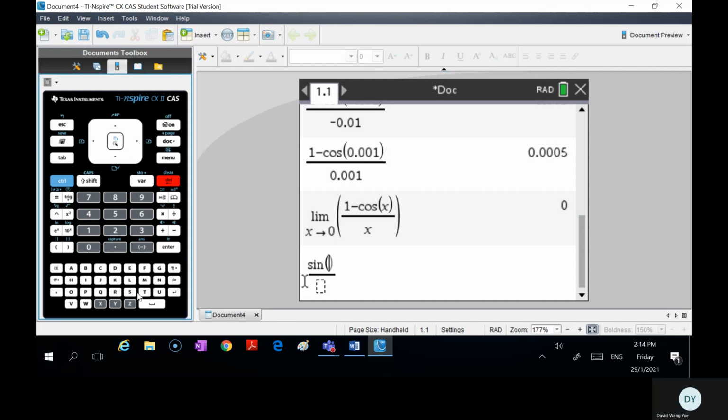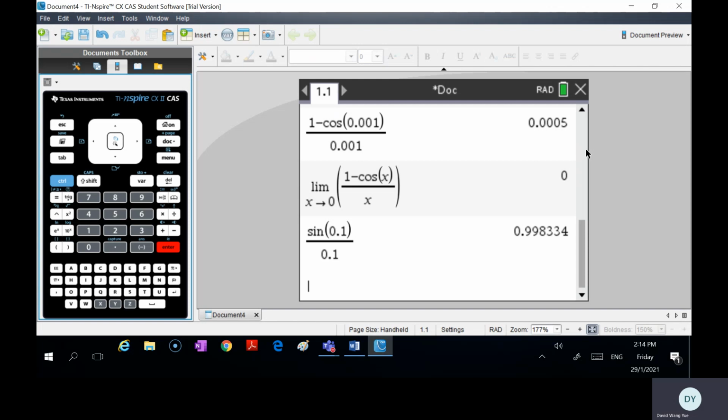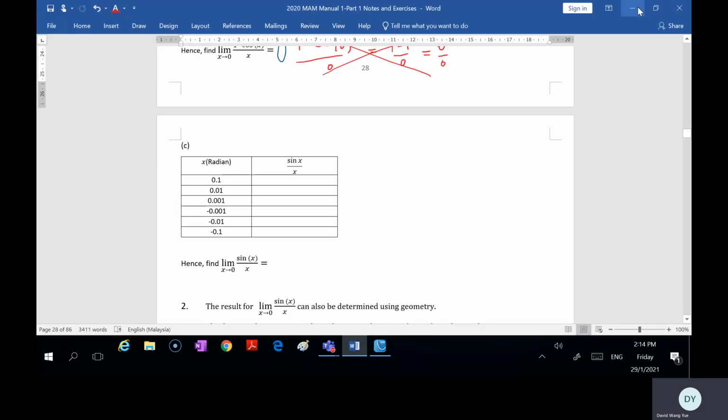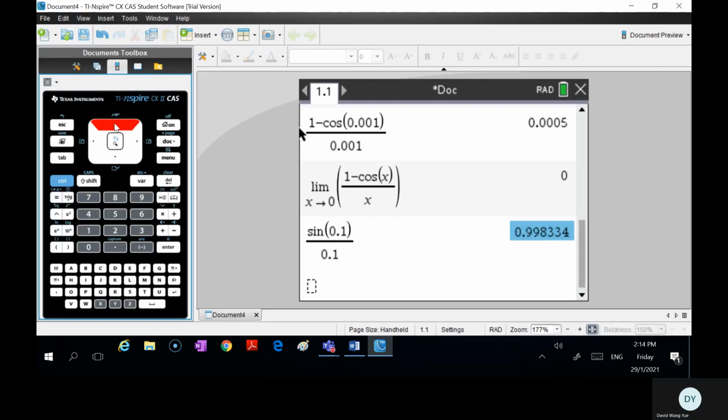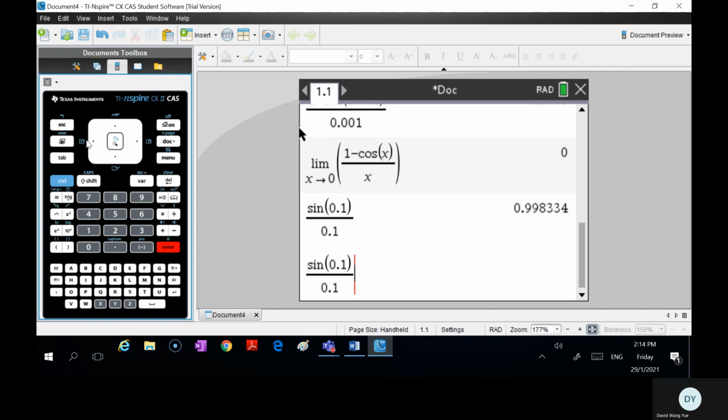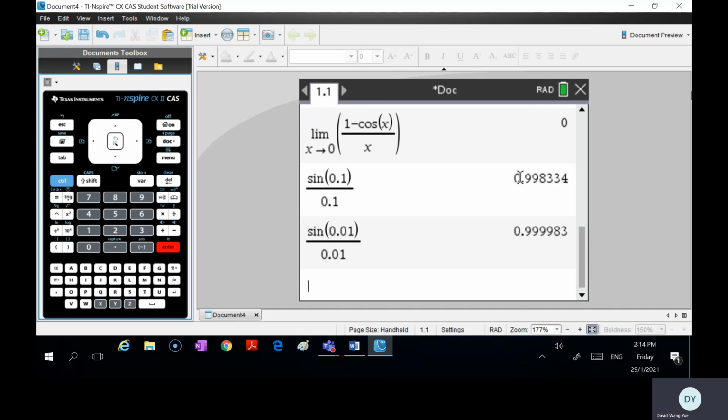Sorry. 0.1 over 0.1 gives 0.99833. Then 0.01 gives 0.99998.